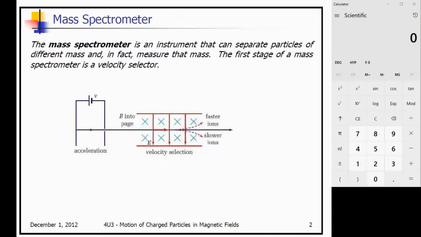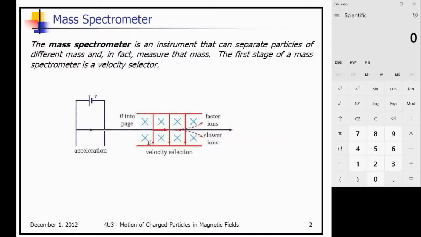What will happen is particles that are more massive will be deflected less than particles that are less massive, if we can set the force to a constant value. So imagine a particle is moving.